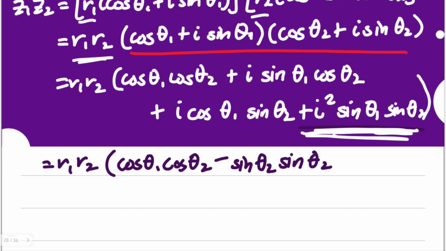Then for the remaining two terms, I'm talking about this term and that, I could actually factor out i. So what will happen here is this. We're going to factor out i.